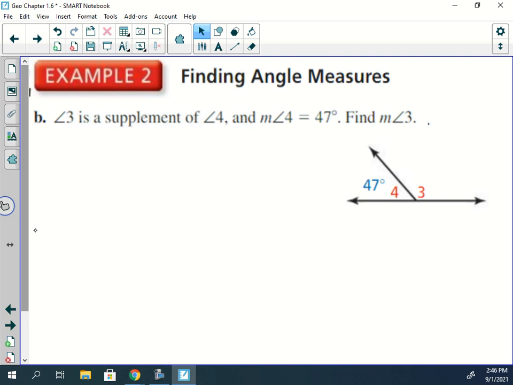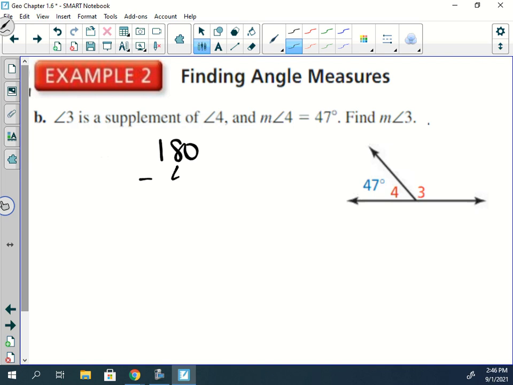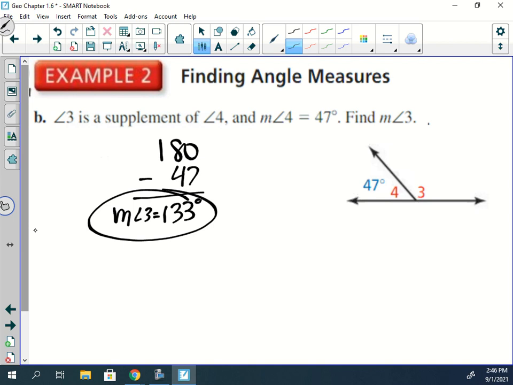To solve for the other angle, we can take 180 and subtract 47. Angle 3 plus angle 4 is equal to 180. Replace angle 4 with 47 and subtract it from both sides, and the measure of angle 3 is 133 degrees. Or we can just say 180 minus 47 and get 133. I like this.